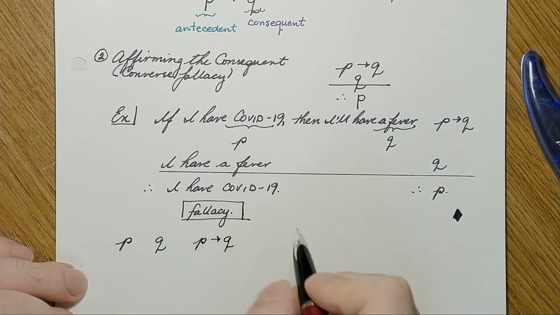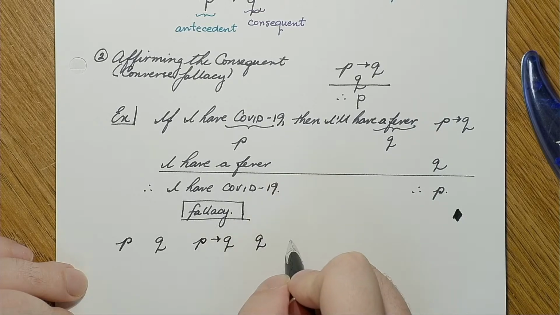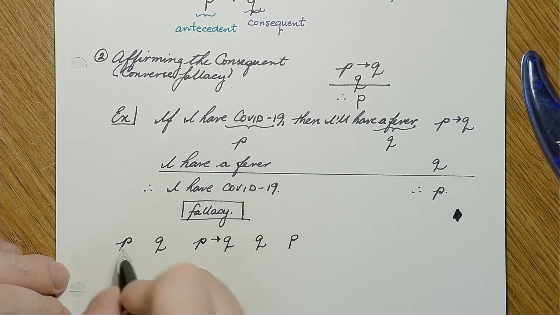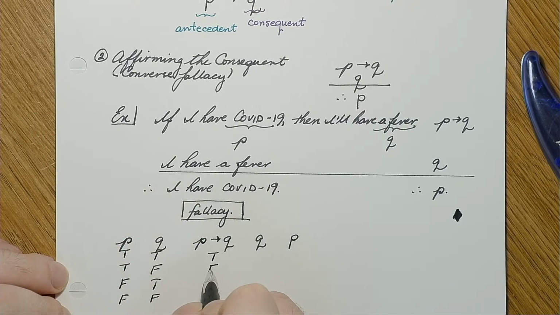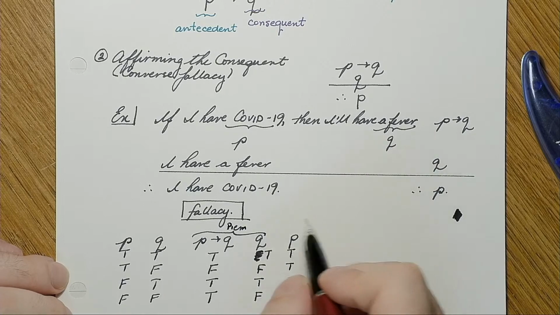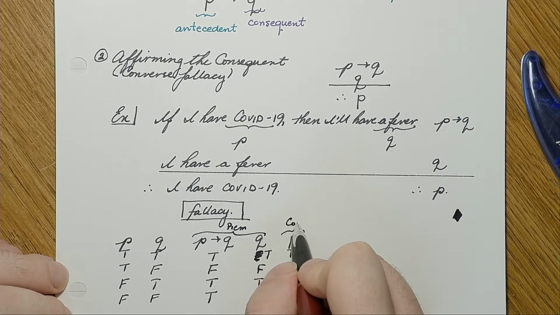We'll have our P implies Q, Q, P. So again, we're looking at the premise right there, and here's our conclusion.